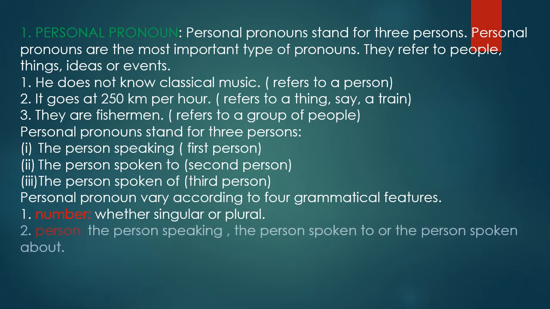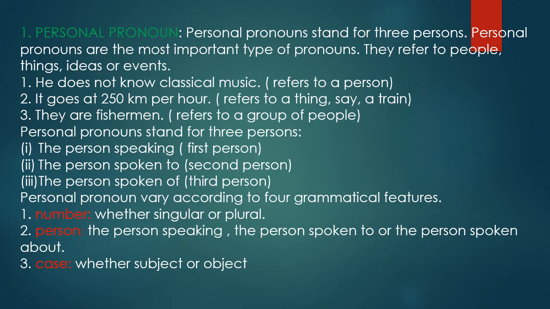Number two, person, the person speaking, the person spoken to or the person spoken about. Very important. Is it the first person who is speaking? Is it the second person whom the person is speaking to? Or it is a third person, the person spoken about.